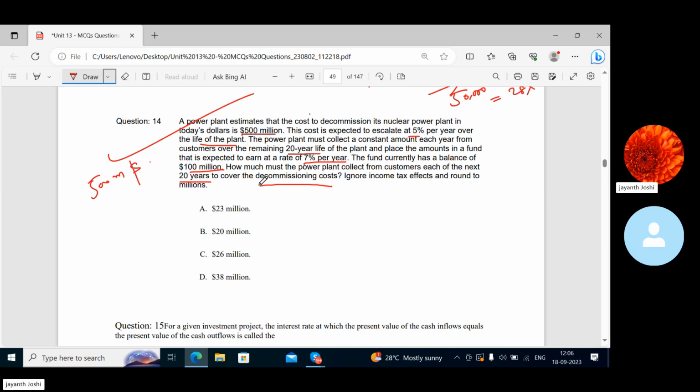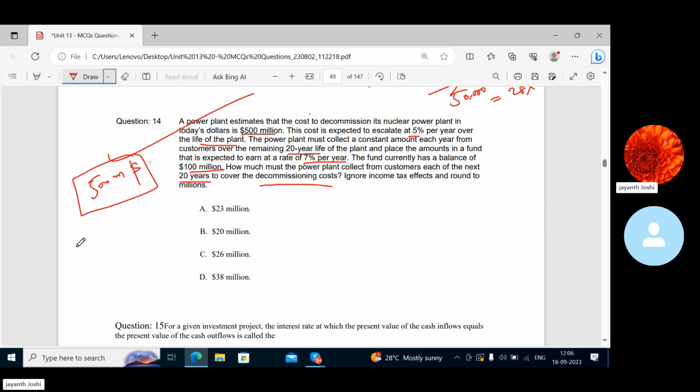So first and foremost thing is, you have all the information in this. They are clearly asking, they are decommissioning a nuclear power plant, right? Whose value today is 500 million. The cost is expected to escalate 5% per year over the life of the plant. Every year, 5% is the increment in the expenditure.